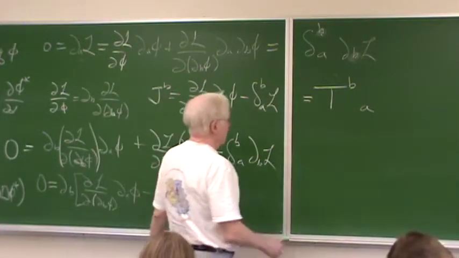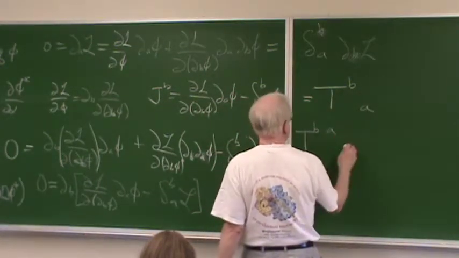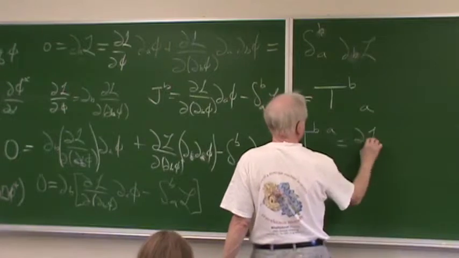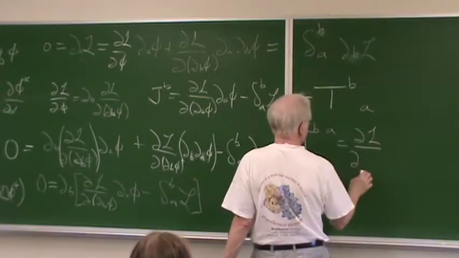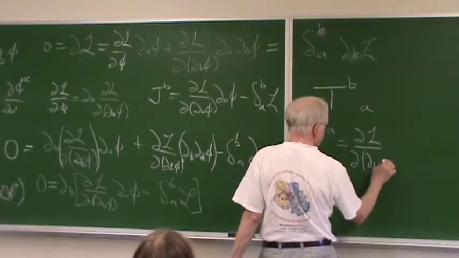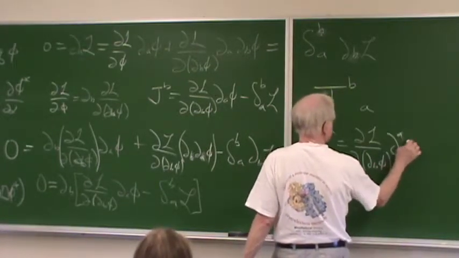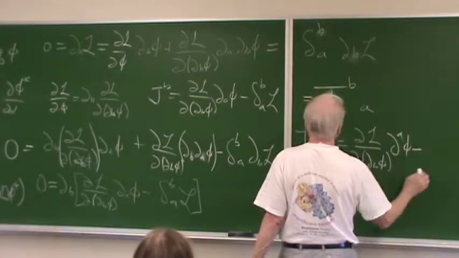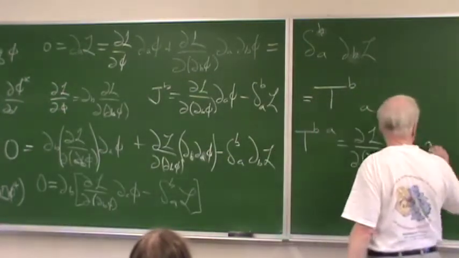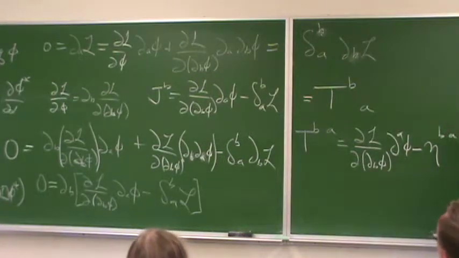Let me write TBA, so I'll raise the second index, and this would be partial L, partial, I haven't done anything to B, so this is still dB of phi, but now I've raised the A, so it's d^A phi minus, and raising the A means we have eta AB, so eta BA, action density, okay.